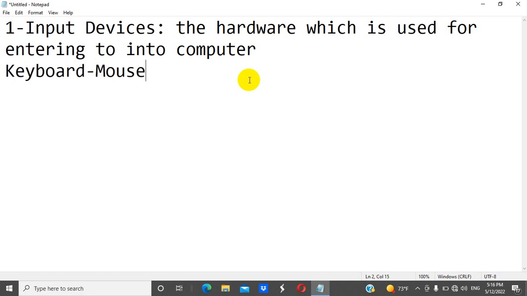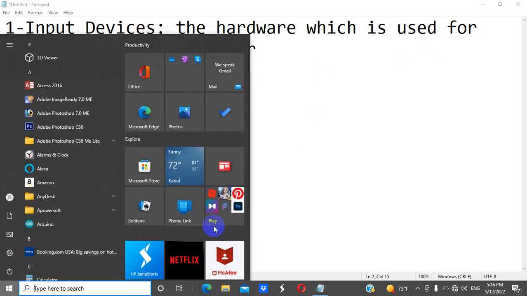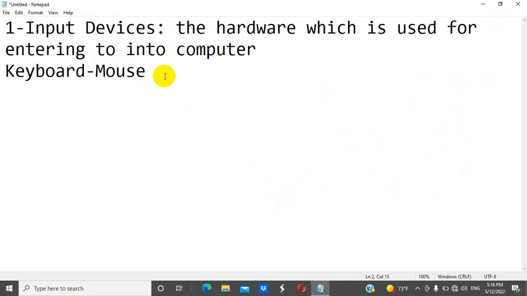Mouse. Mouse is a device from outside of the computer, which we use for pointing inside the computer, performing actions and executing programs. So mouse is an input device. Why do we call it an input device? Because we enter commands or data into the computer system using the mouse. For example, camera.